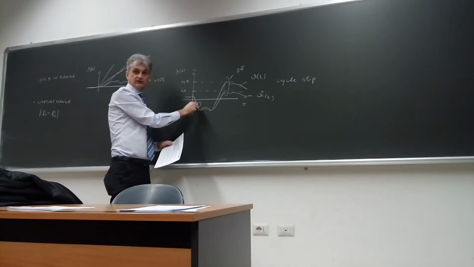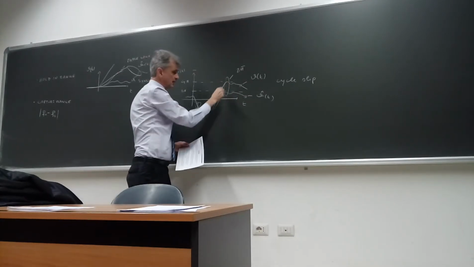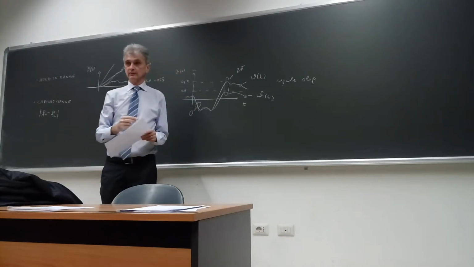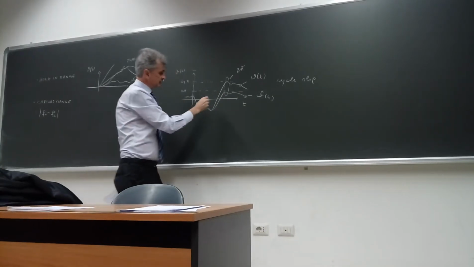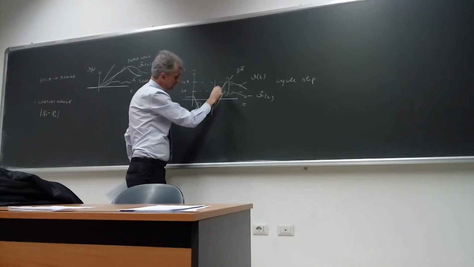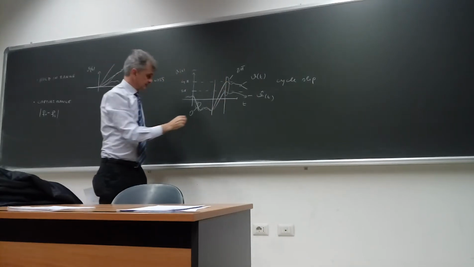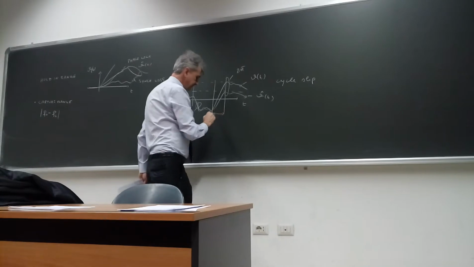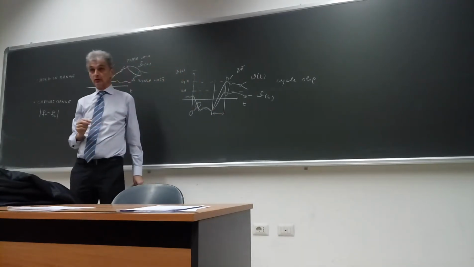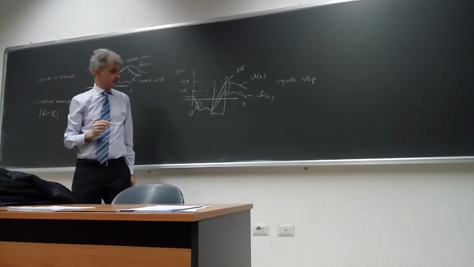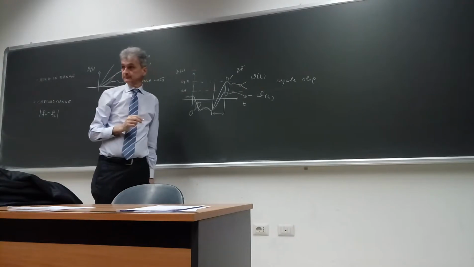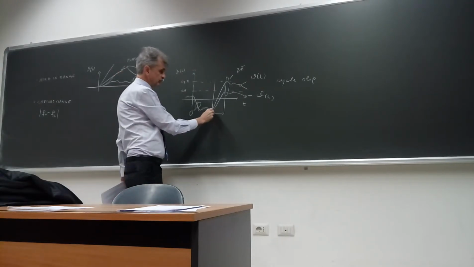Here there is a difference which is 0. Here 2 pi. What happened? Well, there has been a certain time interval where the synchronism is lost. You see? This is the cycle slip.